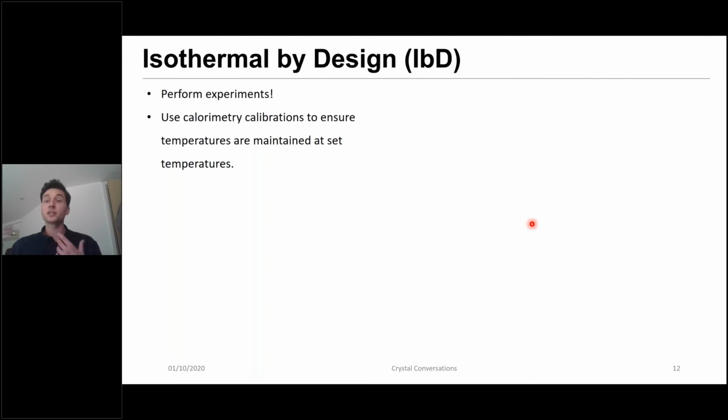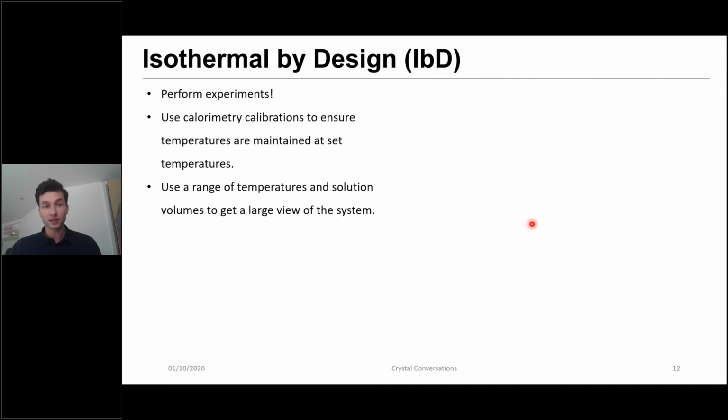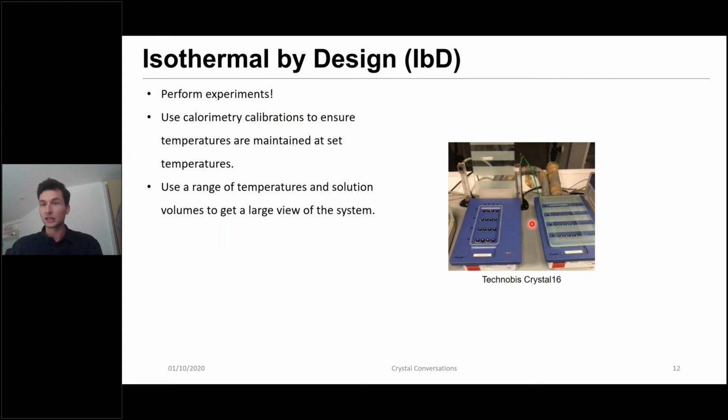And this was using these calorimetric calibrations I've just shown to ensure that temperature was maintained isothermally, and to use a range of temperatures and solution volumes to get this large overview of the system with a large range of supersaturations.